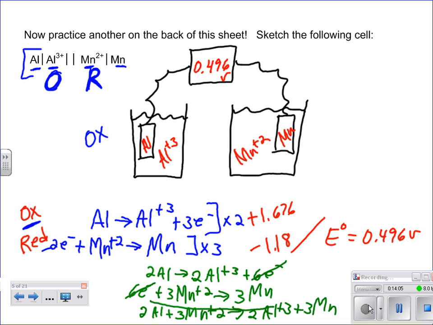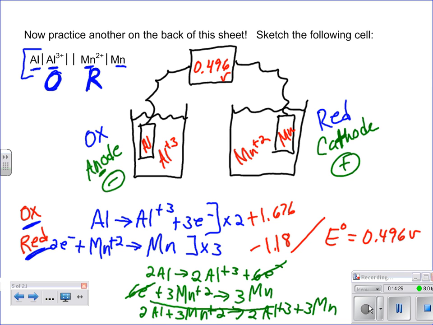We see that our manganese was reduced, so this is our reduction half. We know that oxidation always occurs at the anode, and the anode is negative. And we know that reduction always occurs at the cathode, and the cathode is positive.